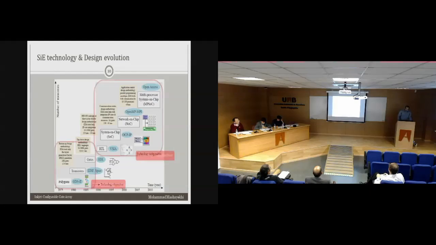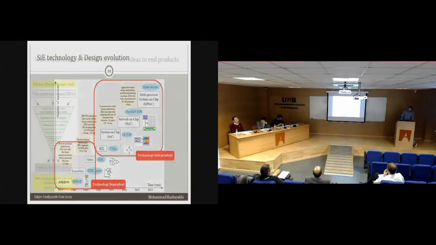The key point here is that in the 80s, everything was technology dependent, where the circuit designers needed to have detailed information about the technology, the layers, etc. So here we are in printed electronics. We are still in polygon, transistor, and gate level, and we need detailed information about the technology.